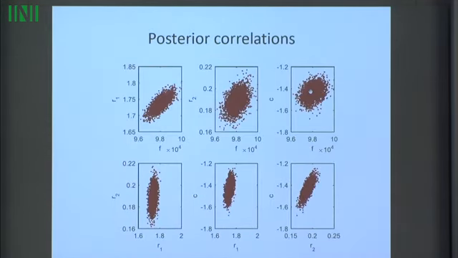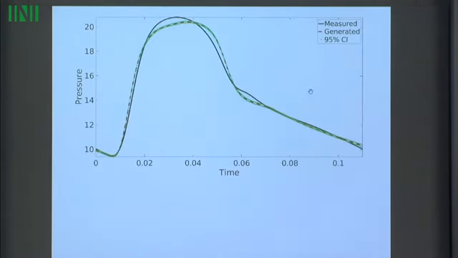And you can take now these parameters, put them back into the model, then solve the model, and that is what we are now getting for the pressure at the main pulmonary artery, where black is the measurement, and then the red line, that is the posterior mean, and then the green lines give you the posterior credible interval, 95%. And you see, the credible interval is pretty tight, and although the fit doesn't look too bad, there's a significant difference between what we get from the model and what we get from the measurement.